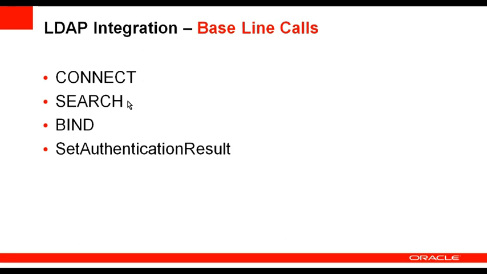The sign-on PeopleCode that supports LDAP authentication then does a bind. So this is an absolute connect to the user object in the LDAP server using the returned DN from the search and the password that the user has entered, which effectively validates their access to the user object in the LDAP server.